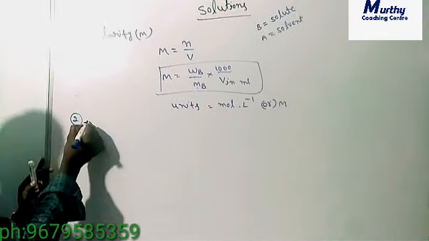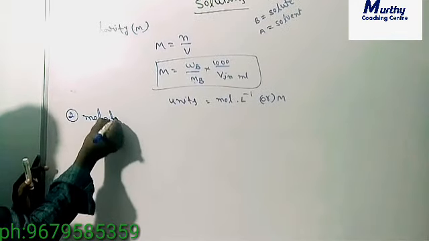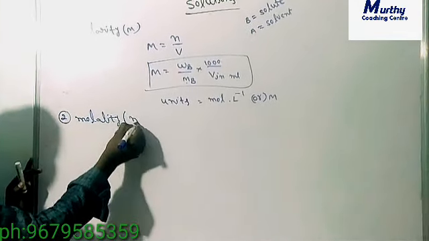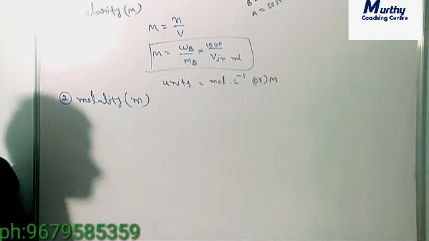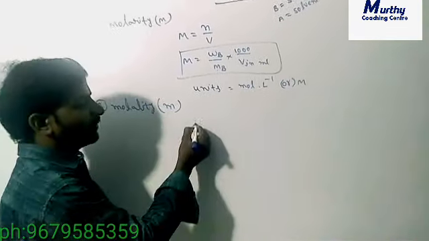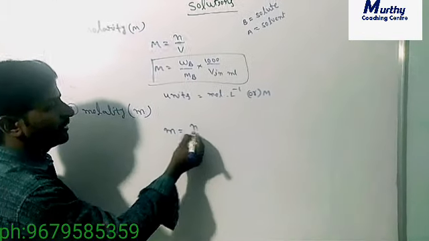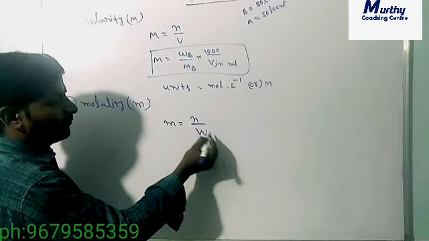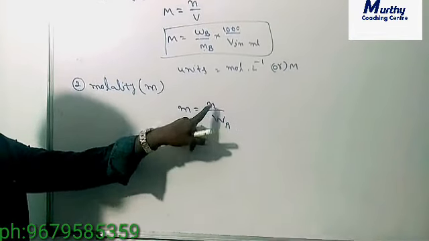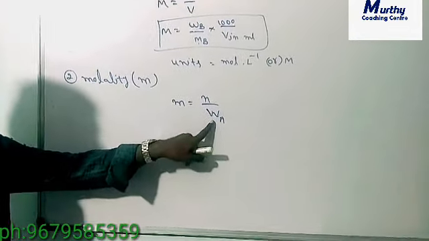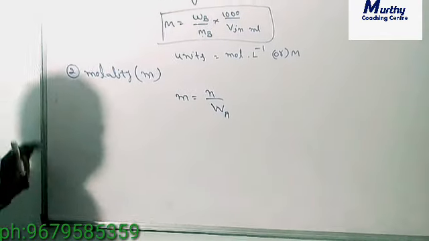Next concentration term is molality. Molality we can represent with small m. The formula: small m is equal to n by WA, where n is the number of moles and WA is the mass of the solvent.